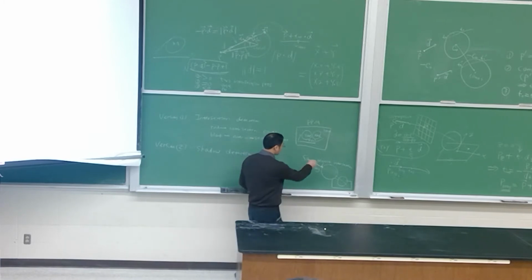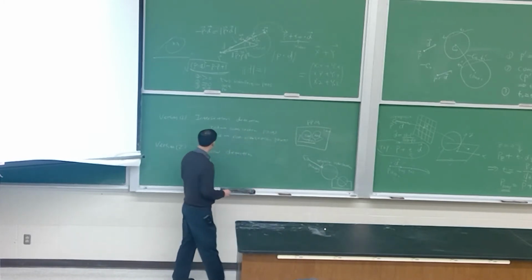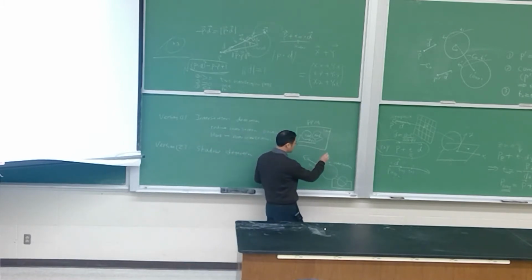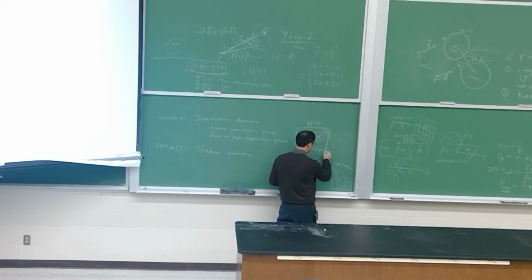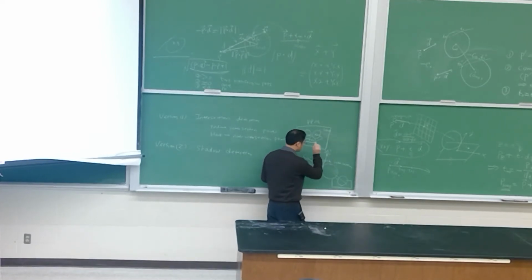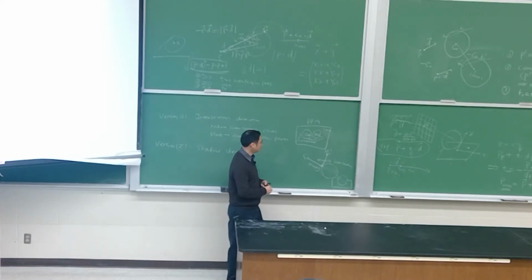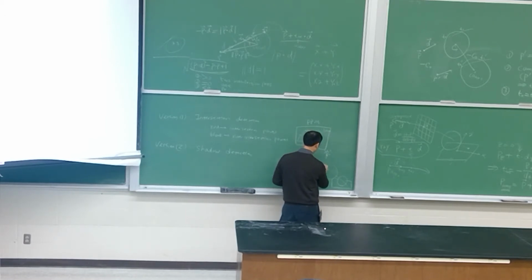Once you have this point, in order to detect the shadow, you have to consider the secondary ray, which is a vector from this point to the light source. We'll put this as a secondary.